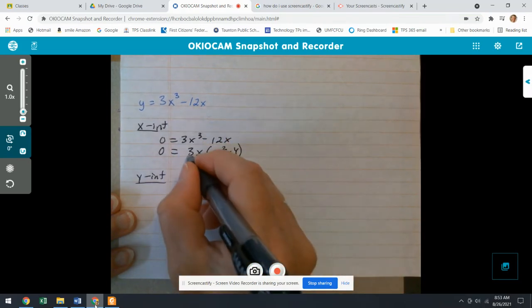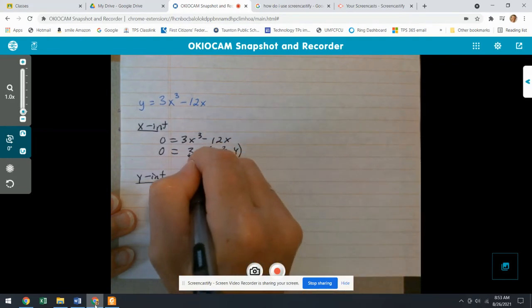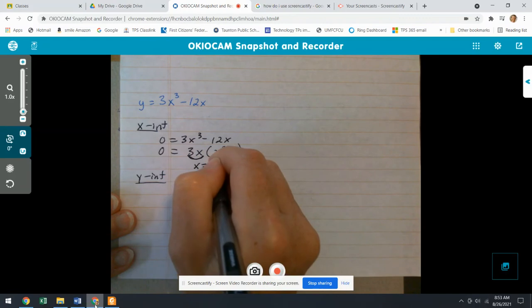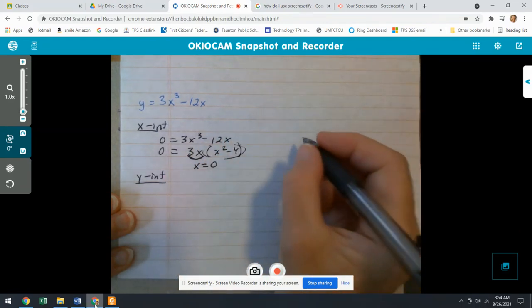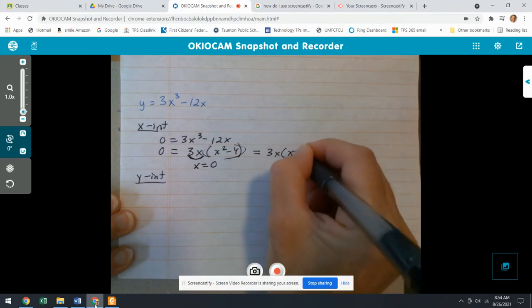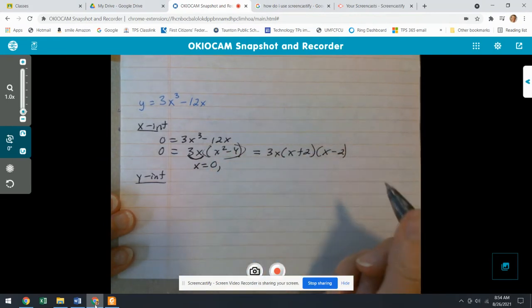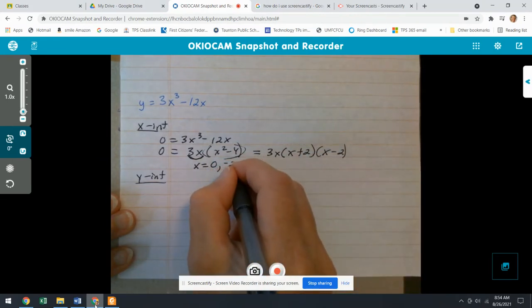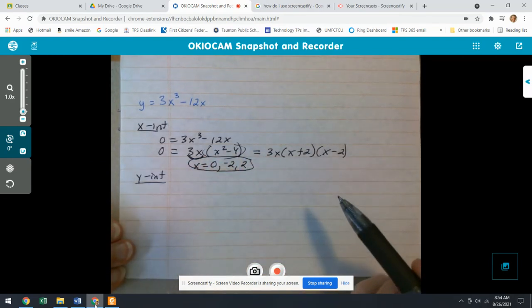And what we can see here is for this part, 3x, that will give us an intercept of 0. And then for the second part, we once again have a difference of squares. So it's 3x, x plus 2, x minus 2, if you want to see it done out. So x will equal 0, -2, and +2. So this one has 3 x-intercepts.